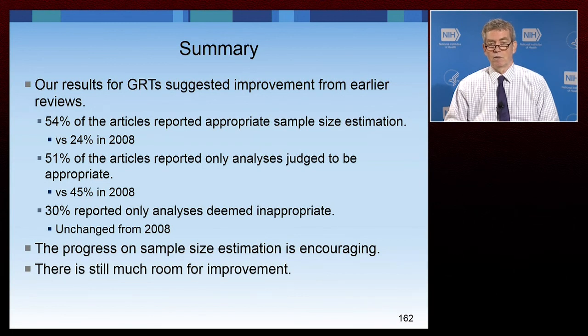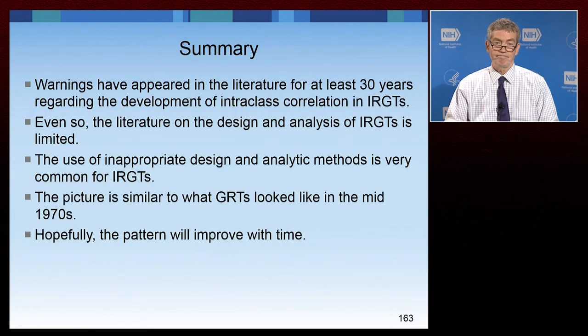We found 45% reporting only appropriate analytic methods in 2008. That improved somewhat to 51% in the paper that was just published. And 30% reported analyses that were deemed entirely inappropriate. The progress on sample size calculations is obviously encouraging. There still is, of course, room for improvement, especially in the analytic methods.